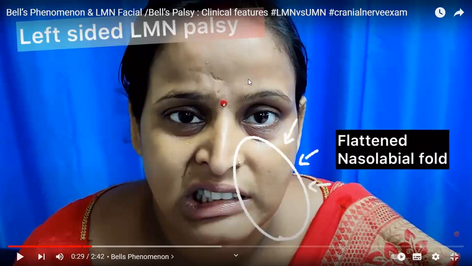So if we got a case like this, then what? If this is a case of facial palsy, then what are the steps of examination of facial nerve palsy? Can anybody suggest what are the steps to do in the examination of facial nerve palsy?